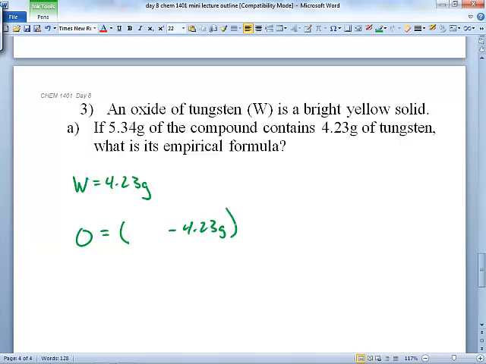And then you get the grams of oxygen. So you kind of skip the whole percent part. You just got to figure out the grams of tungsten and the grams of oxygen. And then you convert to moles, divide through by the smallest. So if you're working on number 3, realize they didn't give you percents. Instead, they just gave you the grams of the stuff.